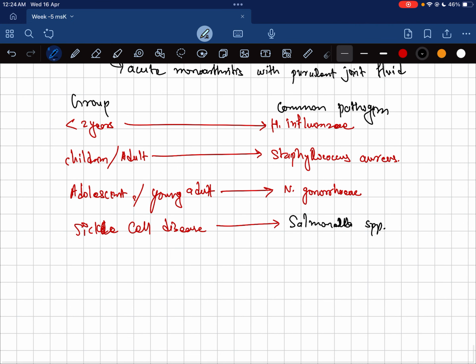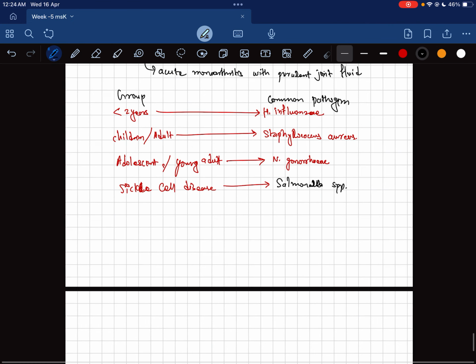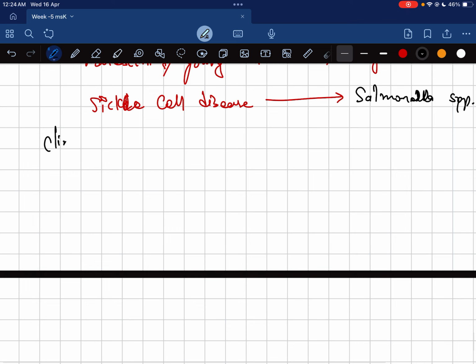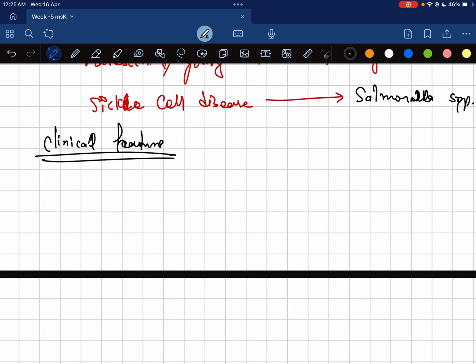Now the clinical features of bacterial infection. When we look at the clinical features of this disease, there is sudden onset of joint pain, swelling and fever.